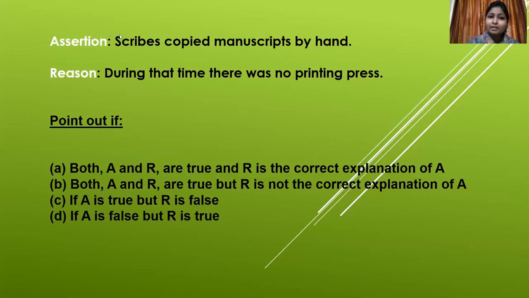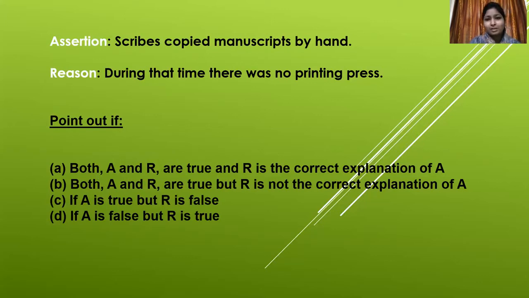So we find that these two statements are true, and we can correlate them. I think option A would be quite correct, because both A and R are true, and R is the correct explanation of A.